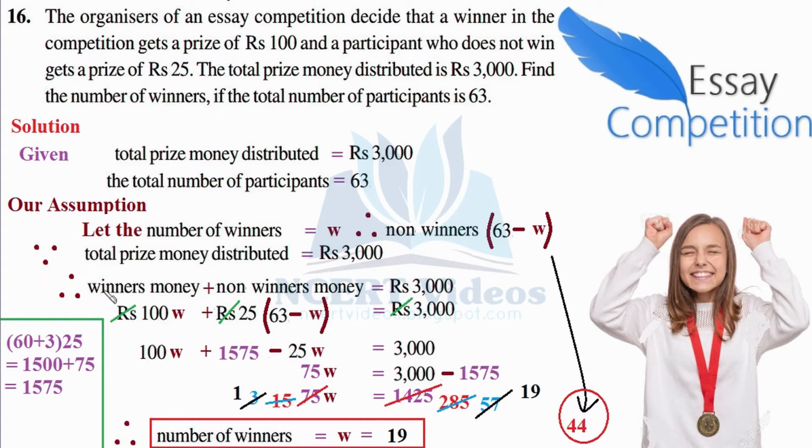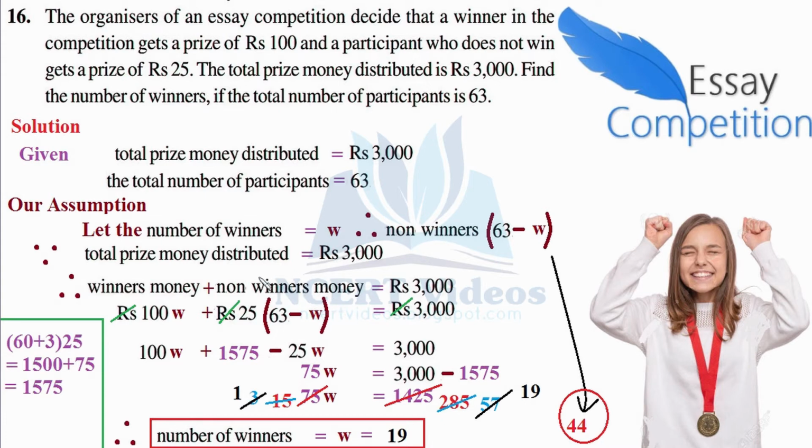Winners' money: a winner is getting rupees 100, multiplied with the total number of winners that we have assumed as w. Therefore, we wrote rupees 100w. Nothing written between variable and its coefficient simply means they are getting multiplied. So this gives us winners' money, plus sign as it is.